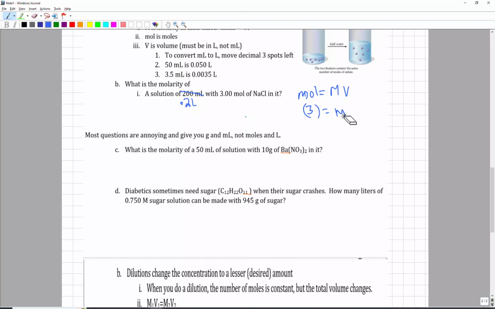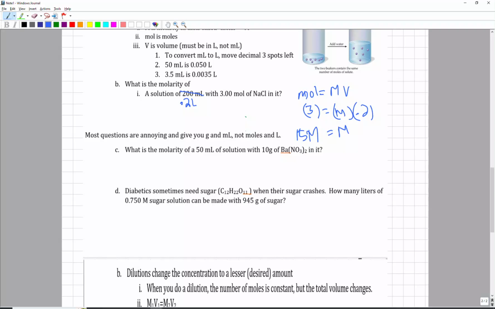My volume is 0.2. 3 divided by 0.2 is 15. I put an M, so it'd be 15 molar.